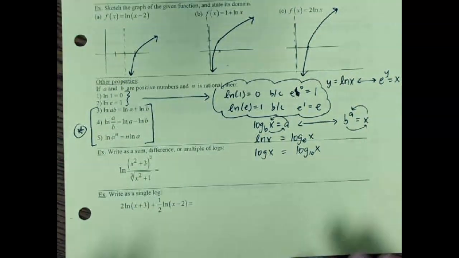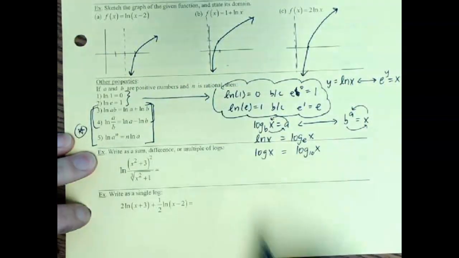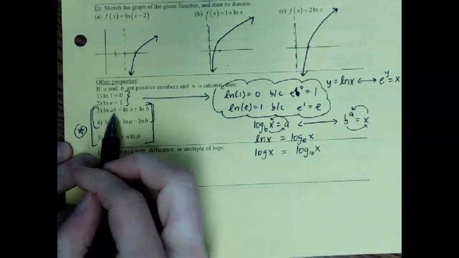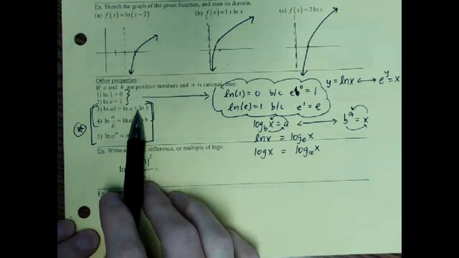you have them in your wheelhouse from a previous year. And here's basically what they are going to do for us. We can either expand or contract logs. Properties 3 and 4 kind of go together, and then 5 is by itself. If I have multiplication inside of the log, that's a times b in the argument, I could take that thing and split it up, and I could have ln of a plus ln of b.